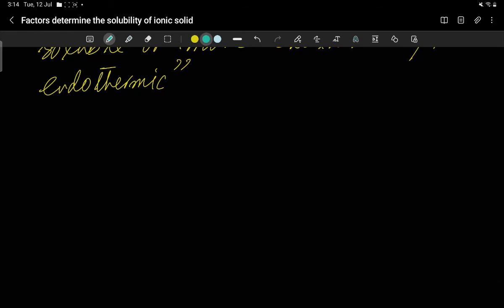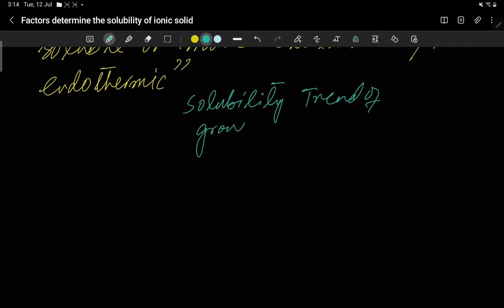We can also make a flow diagram for this solubility trend of group 2 hydroxides.